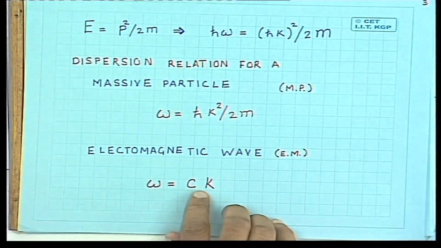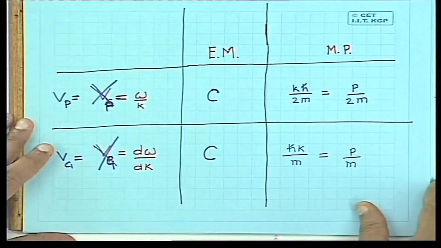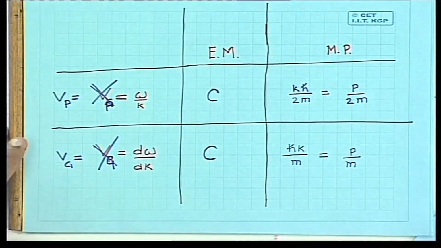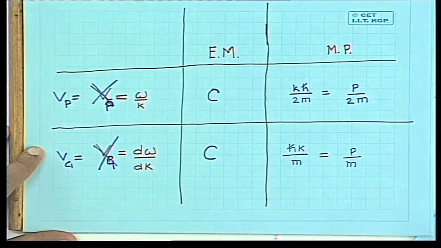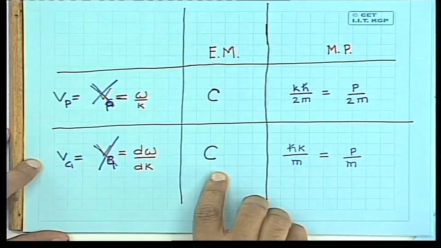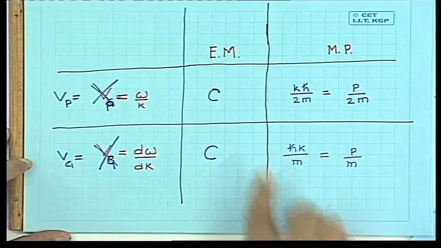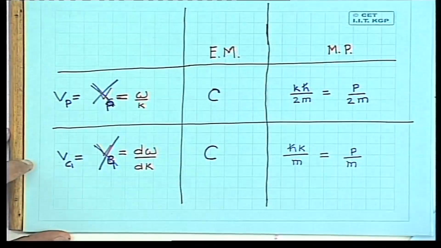So using these relations, we find that for the electromagnetic wave, the phase velocity is nothing but the speed of light, c. The group velocity is d omega by dk. For the electromagnetic wave, it is the same as the phase velocity. So both the group velocity and the phase velocity are the same for the electromagnetic wave.